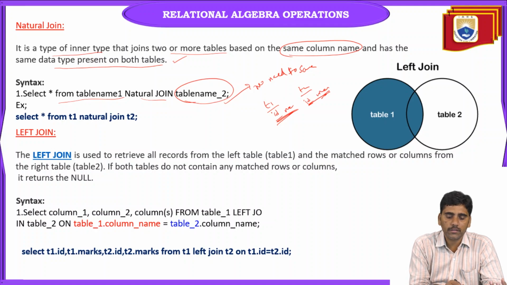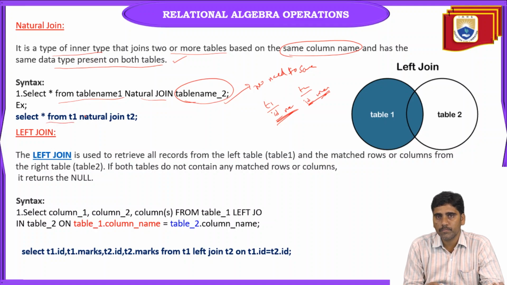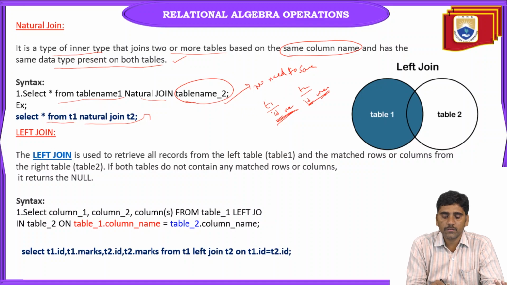To write that: select star from T1 natural join T2. This is the way we can retrieve the values from two tables by performing a natural join.